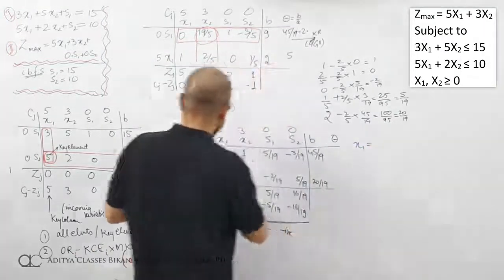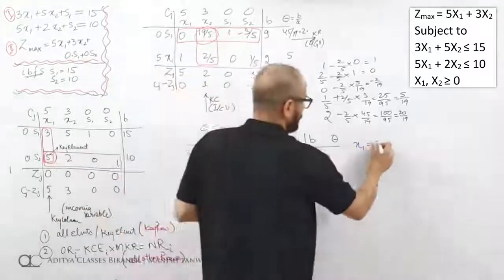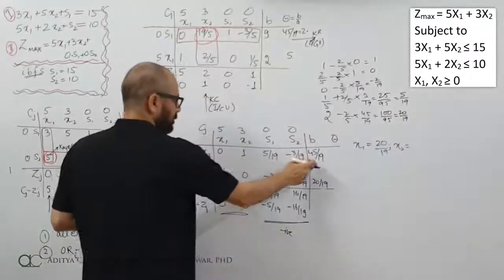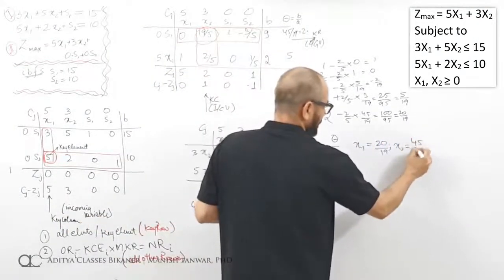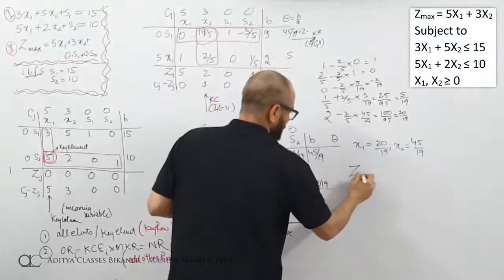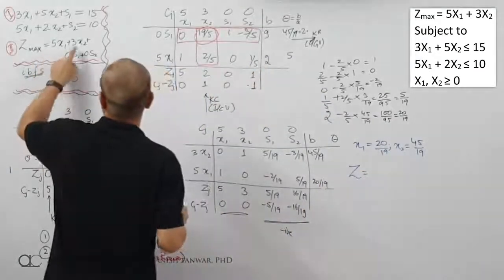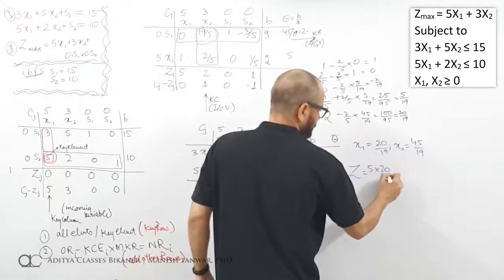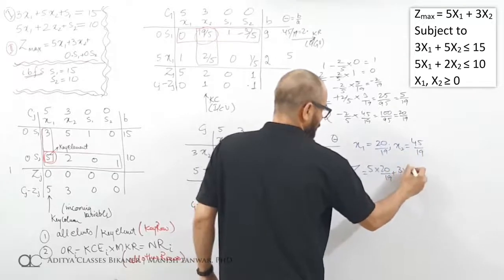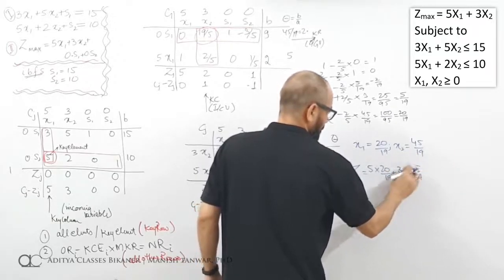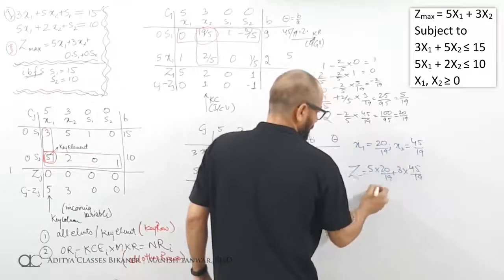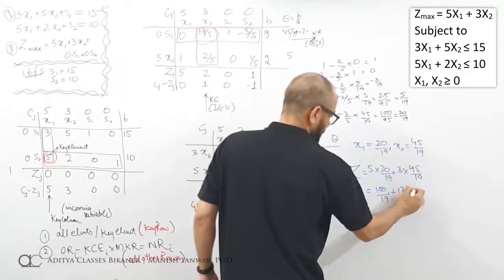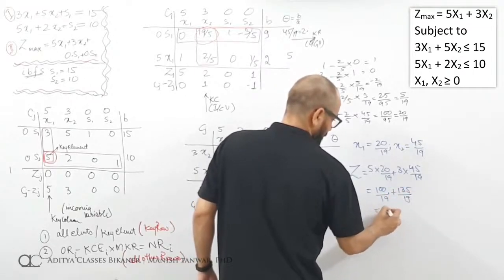x1 is equal to 20 by 19, x2 is equal to 45 by 19, giving me a z. z was 5x1 plus 3x2, making it 100 upon 19 plus 135 upon 19.